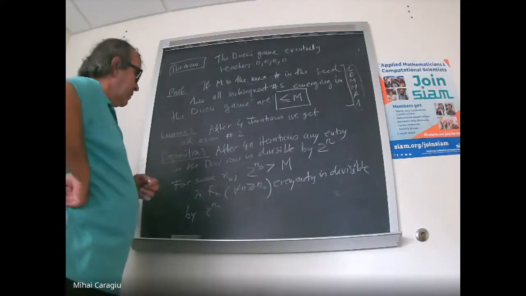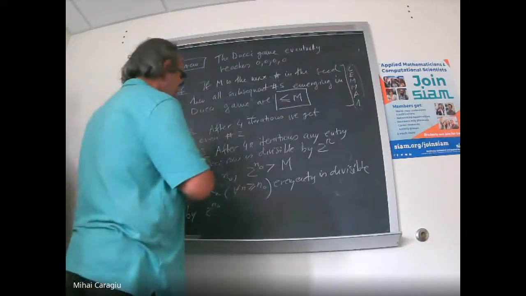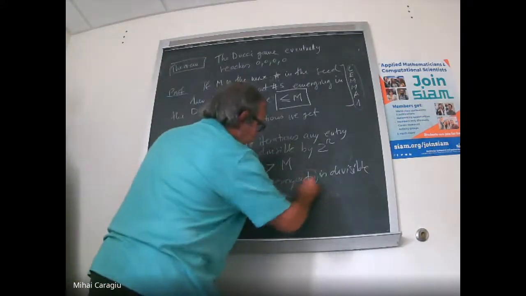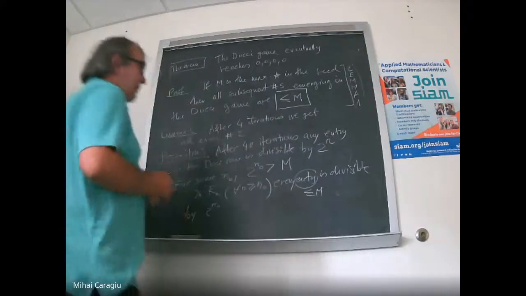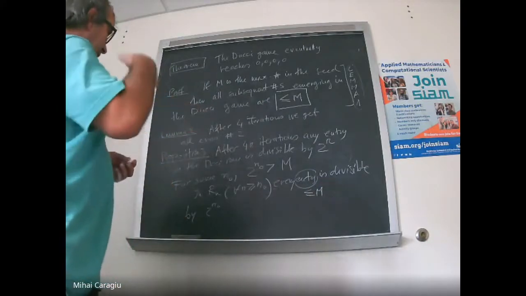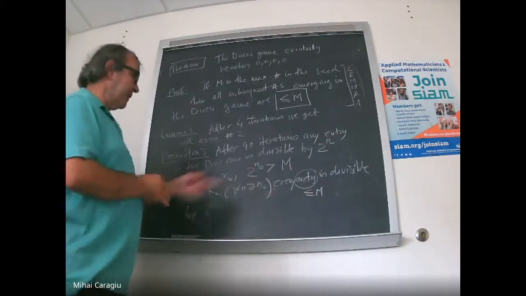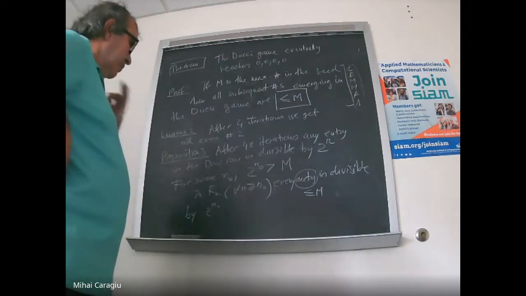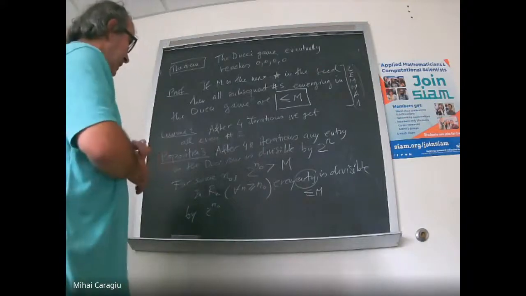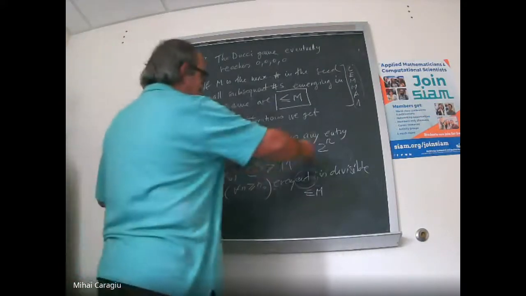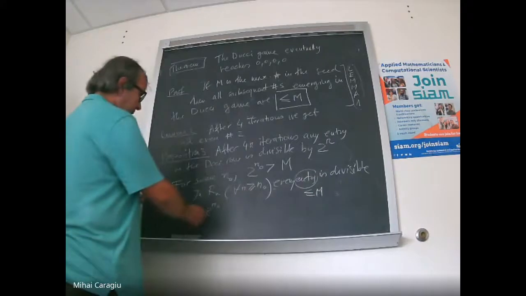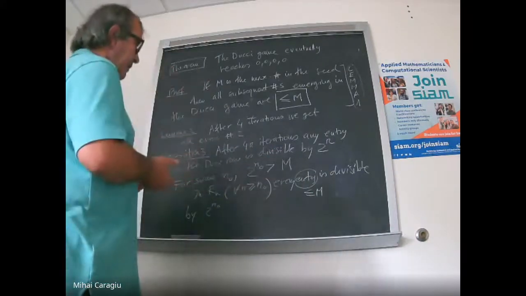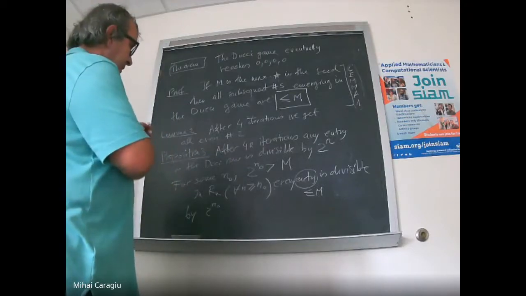Every entry, which we know is less than or equal to n, if a number which is less than or equal to n is divisible by 2 to the power n0, which is greater than n, the only chance for that entry is to be 0.